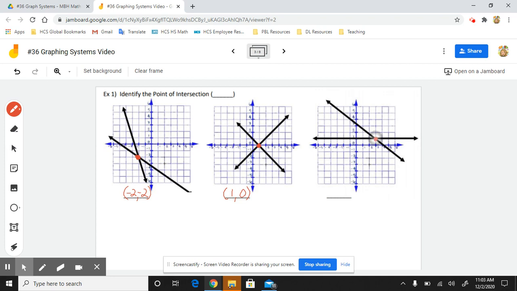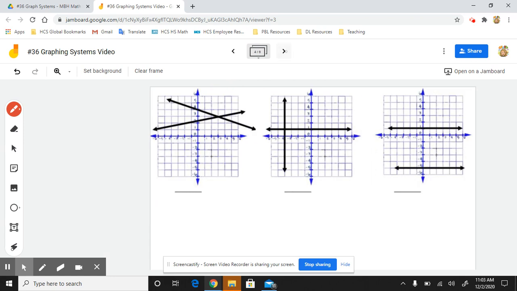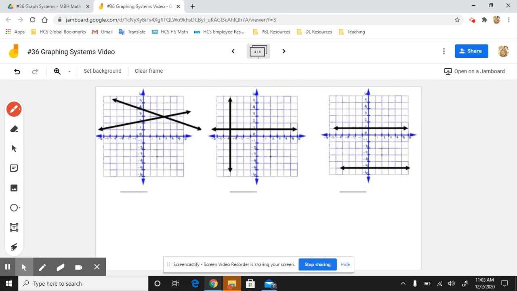As we look at the third one here, we are over positive 4 to the right, and we are up 1 as our solution to our system. Now remember, the solution to your system is a point on the graph where the two lines cross or touch. So let's take a look at the fourth one here. I have a solution of over 3 and up 3.